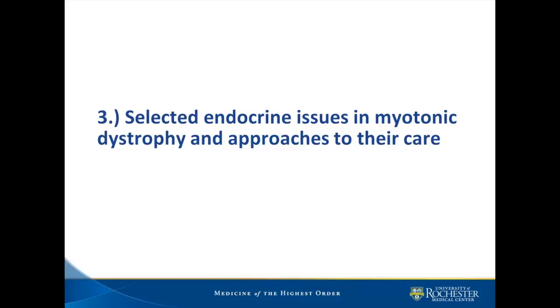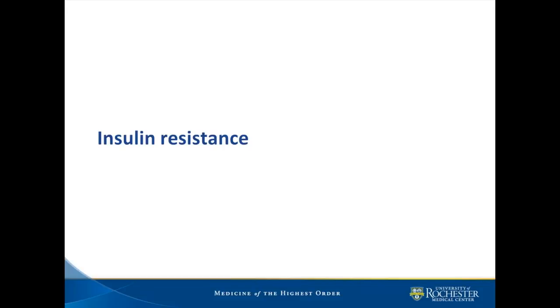I will give you an advance warning that I'm going to spend a lot of time talking about insulin resistance, mainly because we know a little bit more about the probable mechanism that underlies the insulin resistance in myotonic dystrophy, and some of the manifestations of insulin resistance can, in fact, lead to medical problems that require treatment other than what you might ascribe typically to the management of something like diabetes, which once you hear the term insulin resistance, you immediately think, uh-oh, maybe I have diabetes.